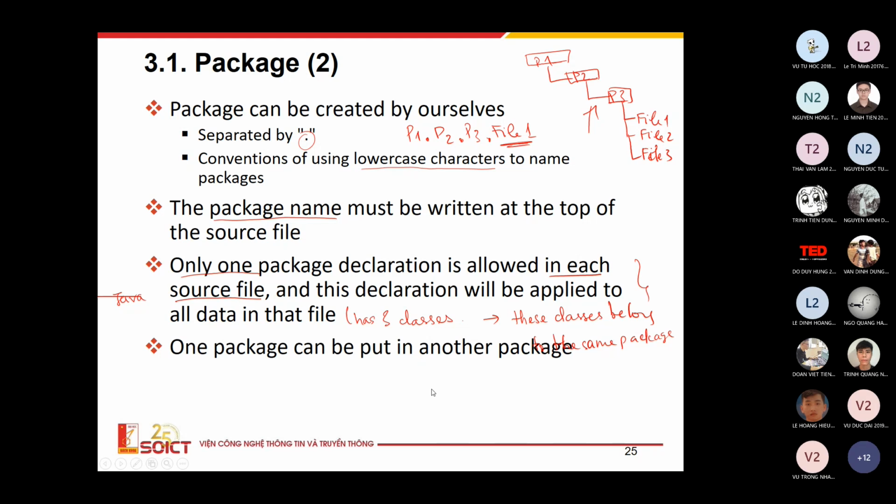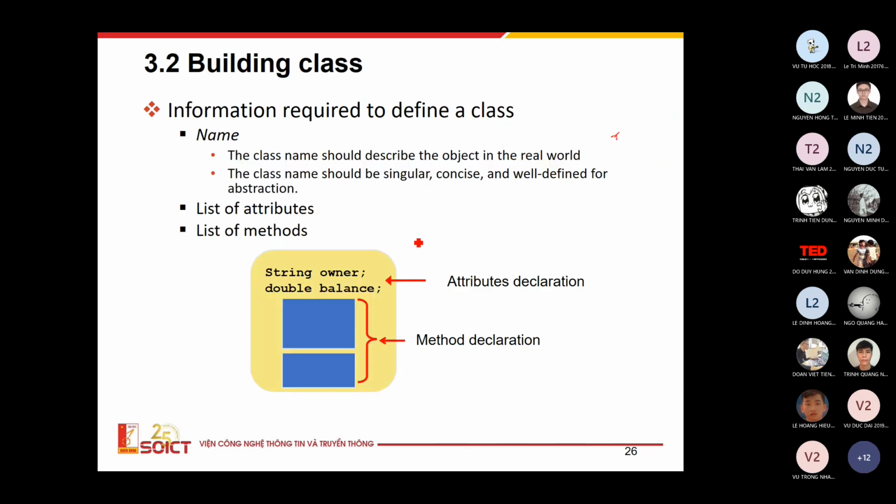Okay, so now we know about packages already, and now we will see how we can write down the classes. For example, each class corresponds to one file in this package. Yeah, this is the second part. We will learn how to build a class.